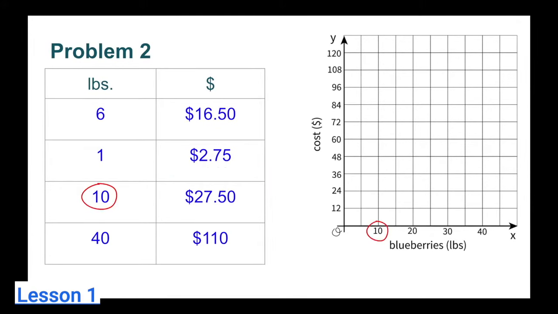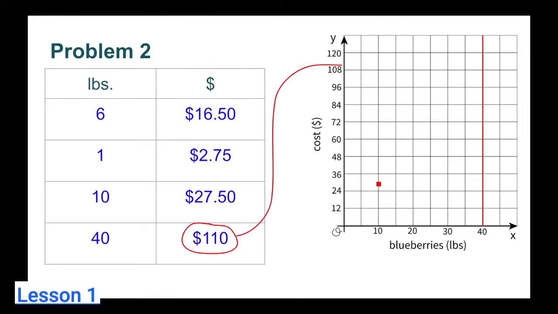10 pounds for $27.50. $27.50 would be somewhere between 24 and 36, a little bit closer to the 24. And so I can put my point right about there. 10 pounds and $27.50. This point represents 10 pounds and $27.50. 40 pounds and $110.